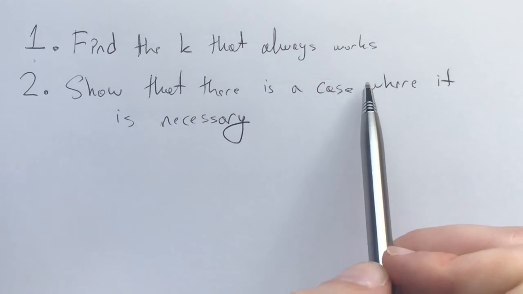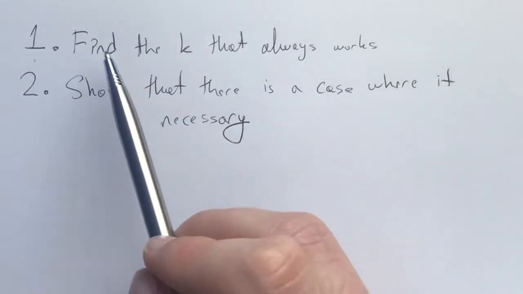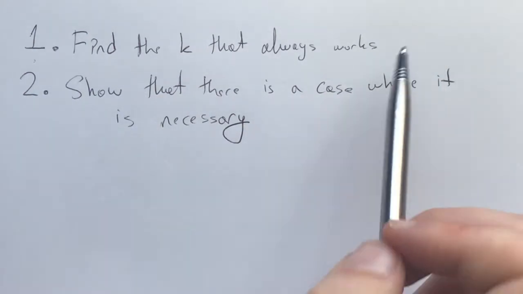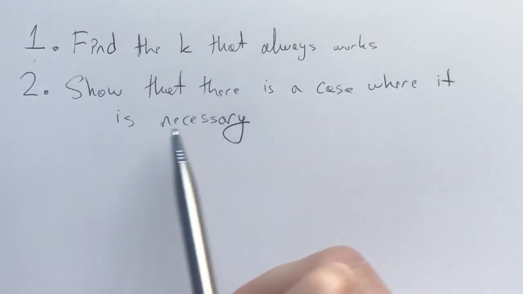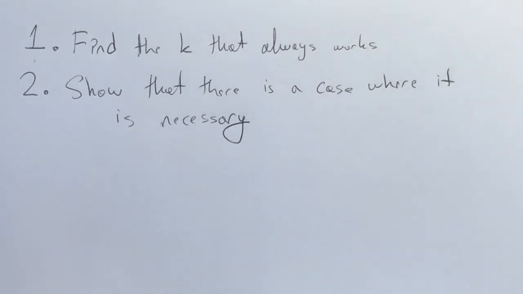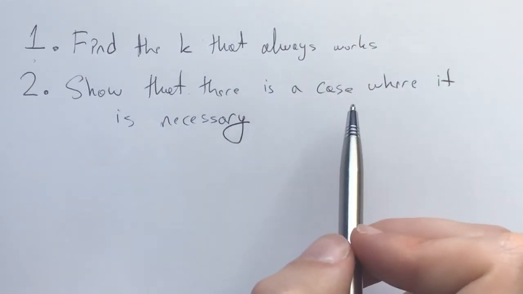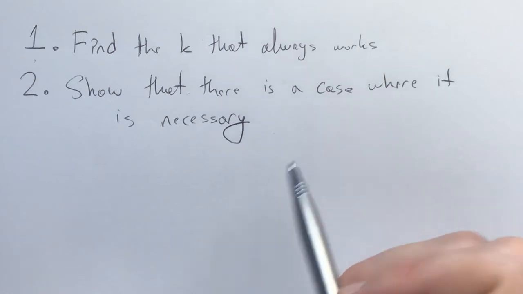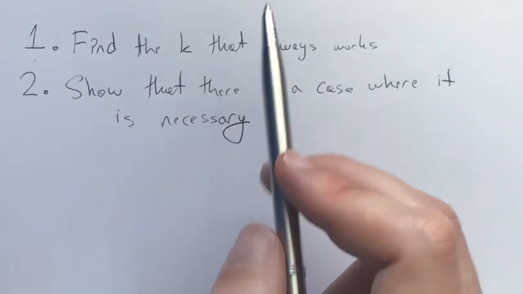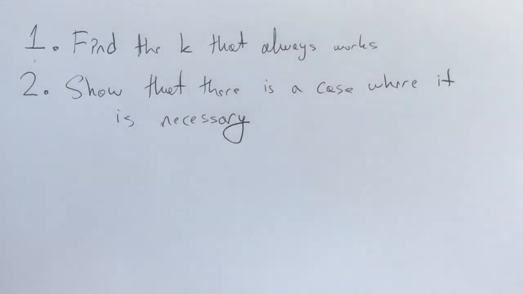But the second thing is to show that there is a case where that k is necessary. Here we're trying to find the minimum k, so we need to show that there's a case where we can't use k minus 1 groups, where we need k groups, whatever k is in terms of n.